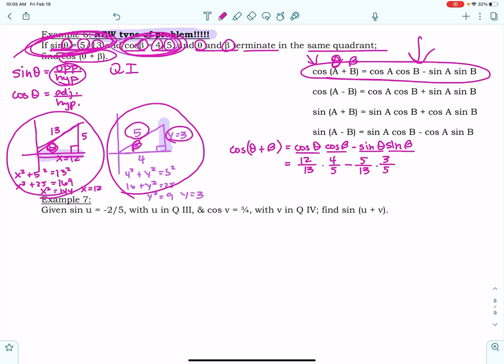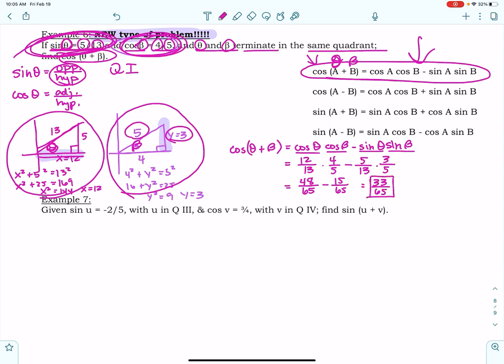And then I just do my arithmetic. So 12 times 4 is 48, 13 times 5 is 65, minus 5 times 3 is 15, 13 times 5 is 65. We are always going to have the common denominator here, so 48 minus 15 is 33 over 65.